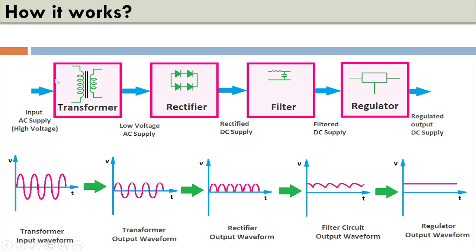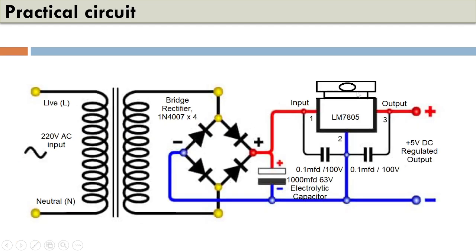So if the input line voltage falls, the output also falls, and it will directly affect the performance of the regulators. So the main disadvantage of this type of circuit is the secondary regulation.